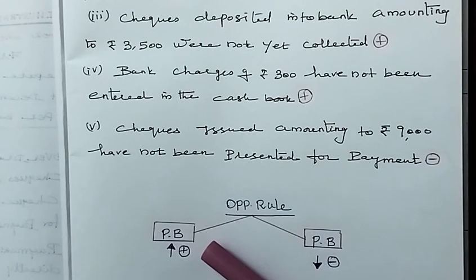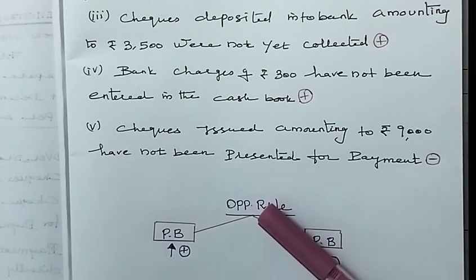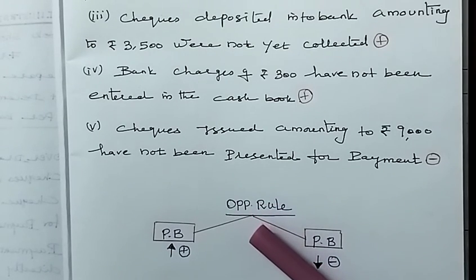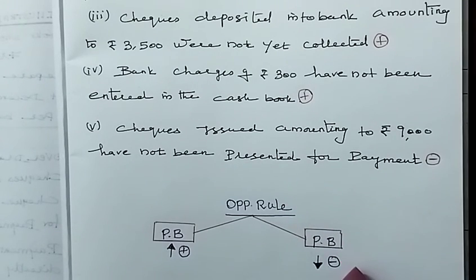Why? Because the check was not presented for payment in the bank. The passbook increased. What we have to do? We need to use the opposite method. As per the rule of the opposite method, whatever passbook increased, in the opposite method it is to be decreased. So this transaction is to be decreased.